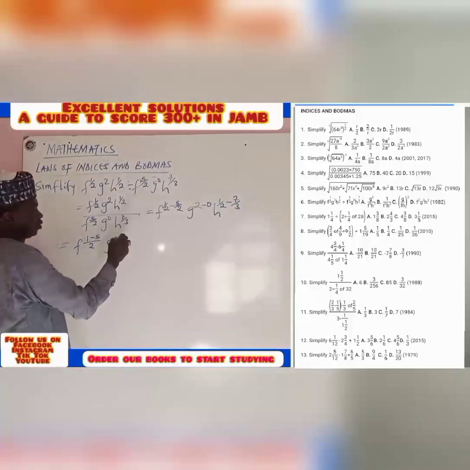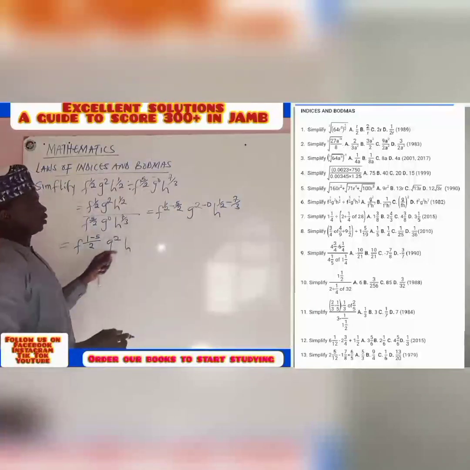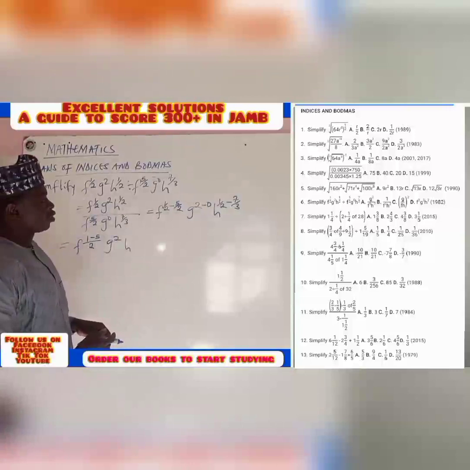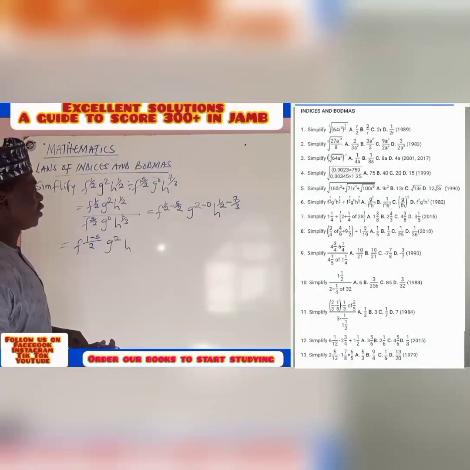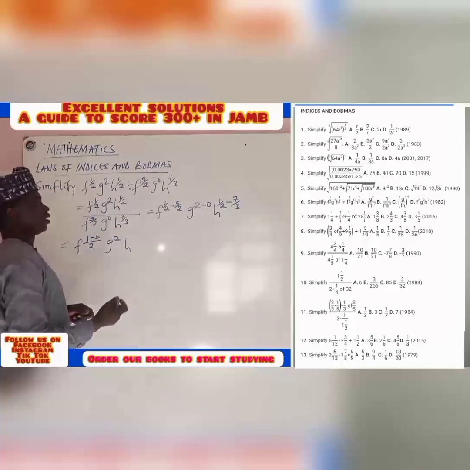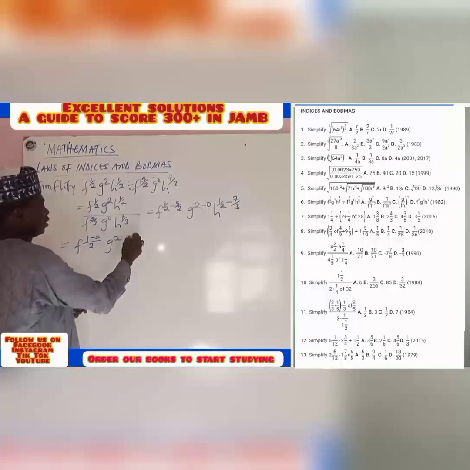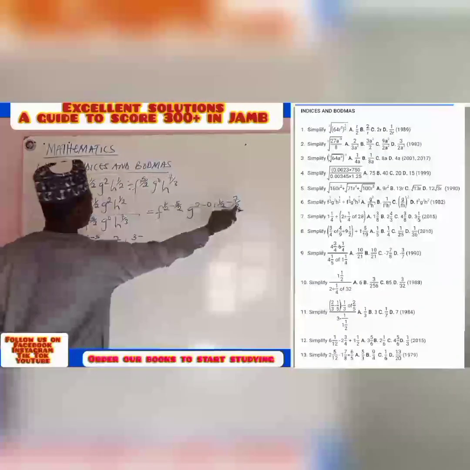G power 2 minus 0 is 2. Then H power, the LCM of 2 and 3 is 6. 6 divided by 2 is 3, 3 times 1 is 3, minus 6 divided by 3 is 2, 2 times 7 is 14.